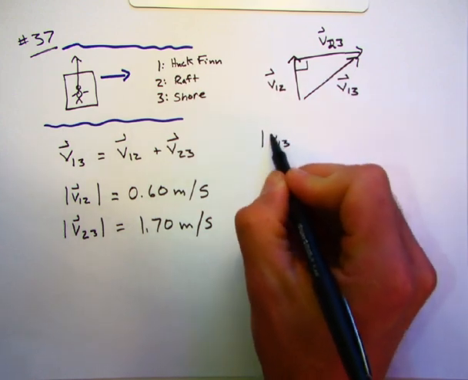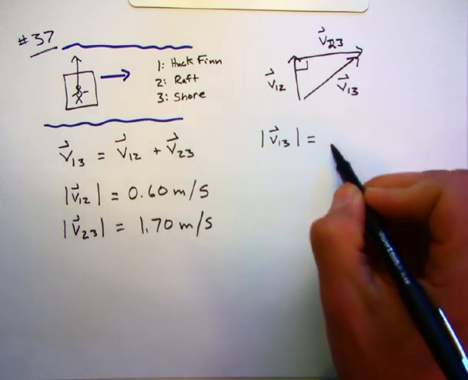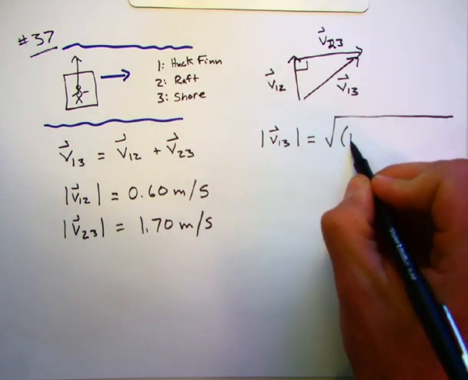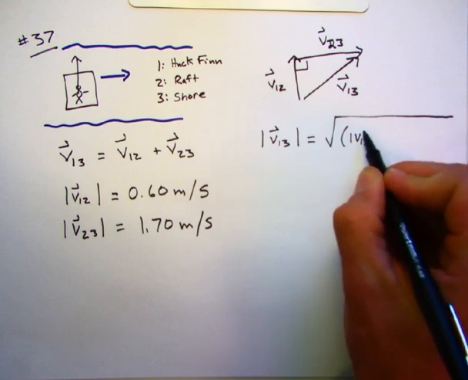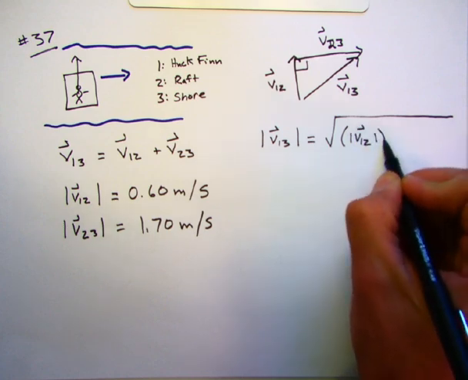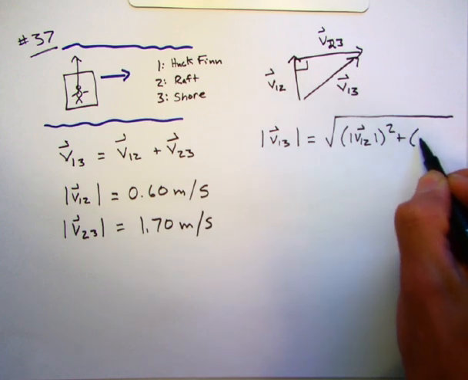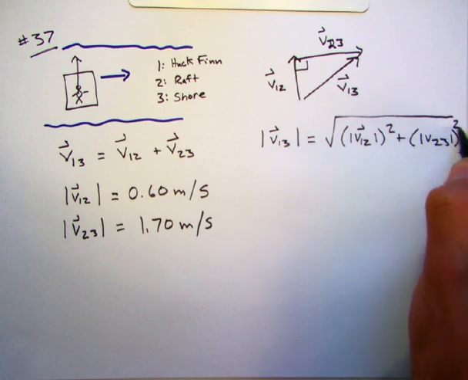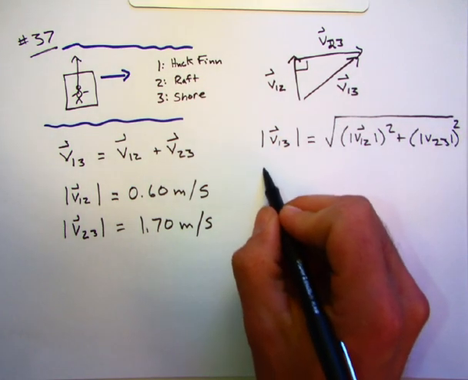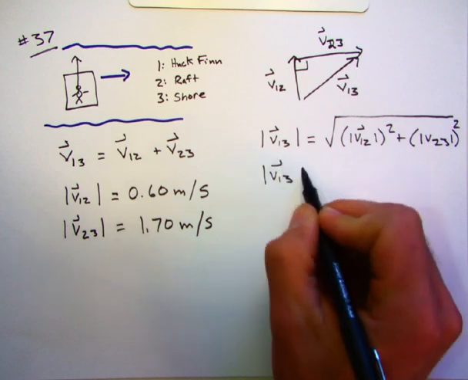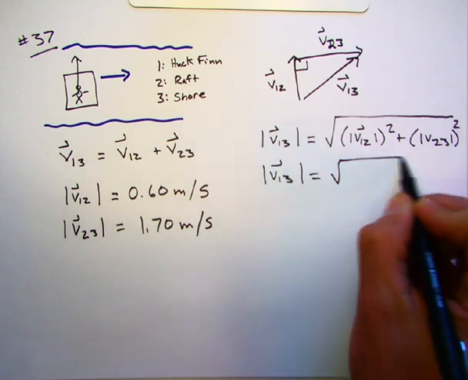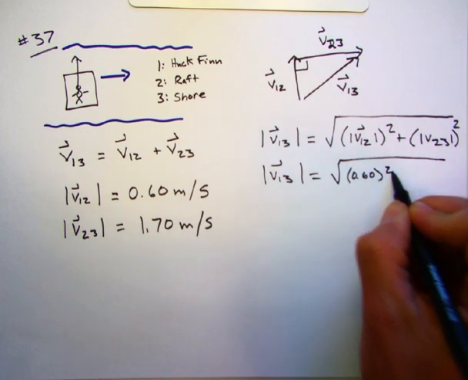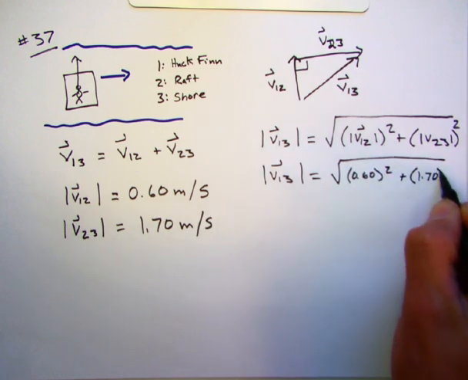The magnitude of v13 would be equal to the square root of the magnitude of v12 squared plus the magnitude of v23 squared. Just a little Pythagorean theorem here. So v13 is equal to the square root of 0.60 squared plus 1.70 squared.